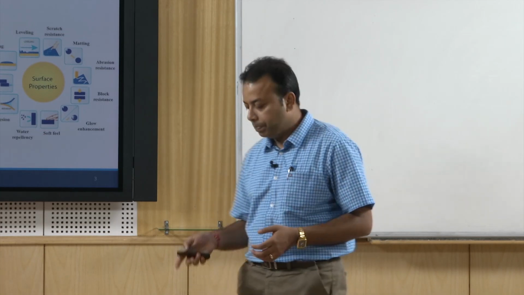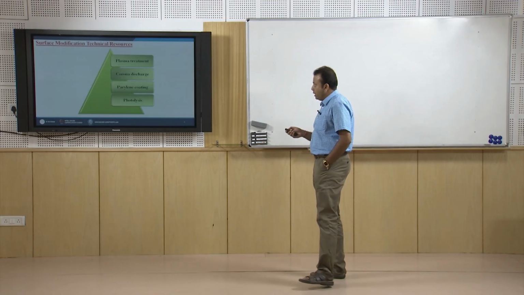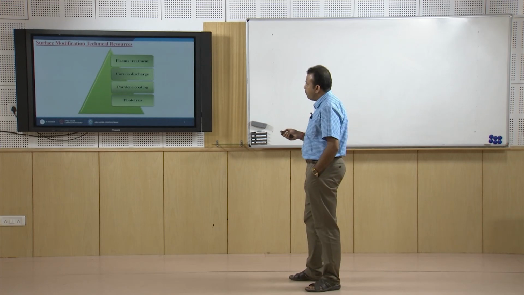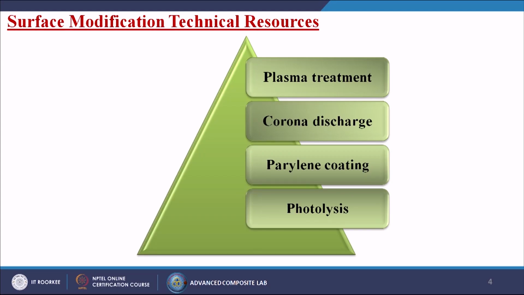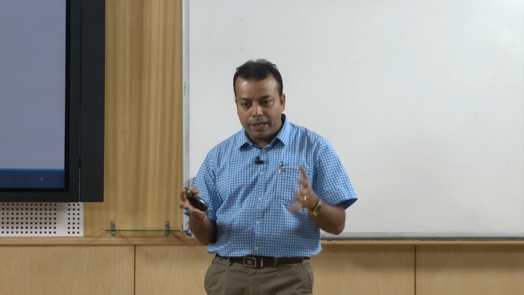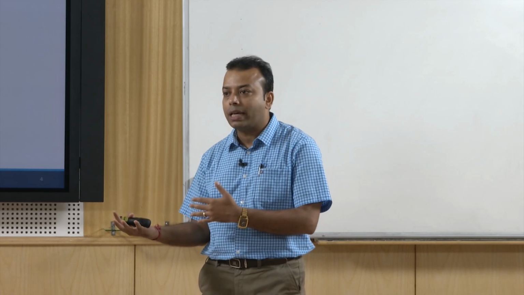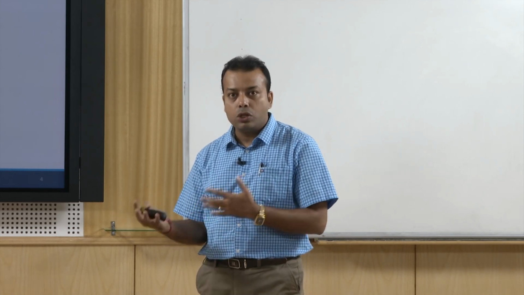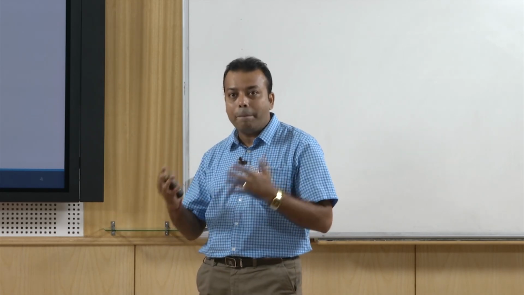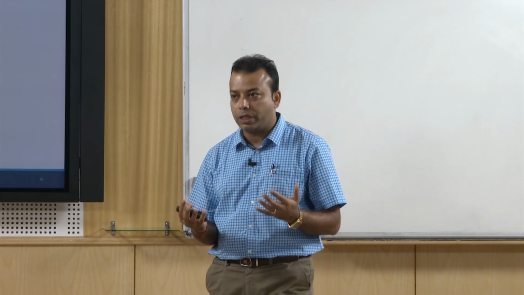So, in this particular slide we are going to discuss the different technical resources for surface modification. In layman's terms, there are various types of sources, and by adapting these sources we can do the surface modification techniques. So, mainly this is the background of the surface modification techniques.